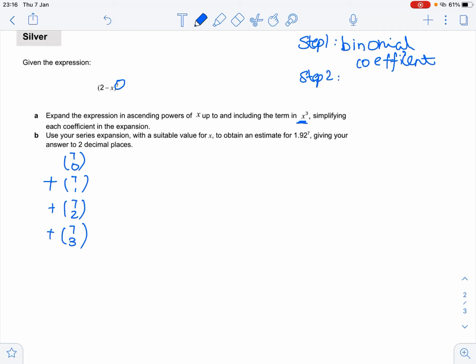Then step 2, descending power of the number term.